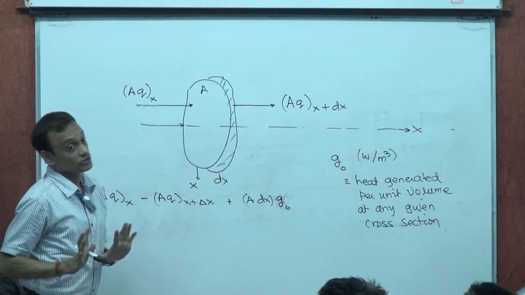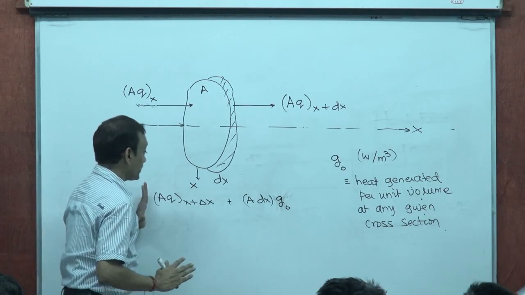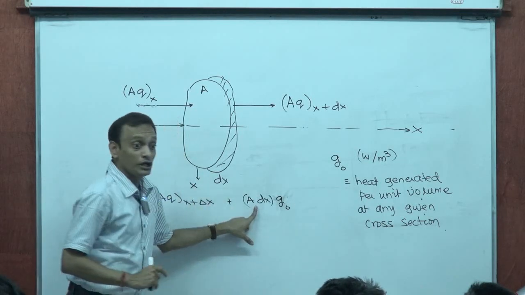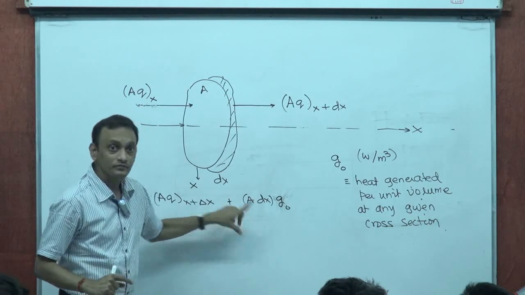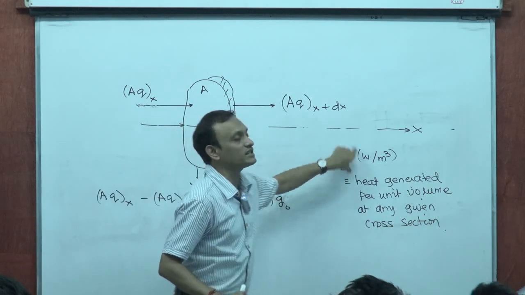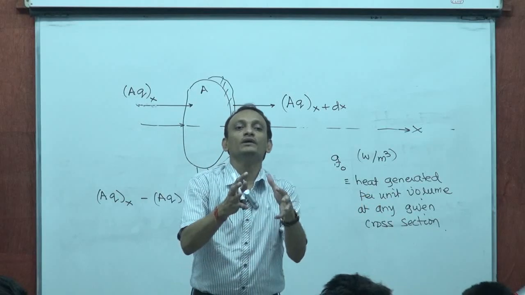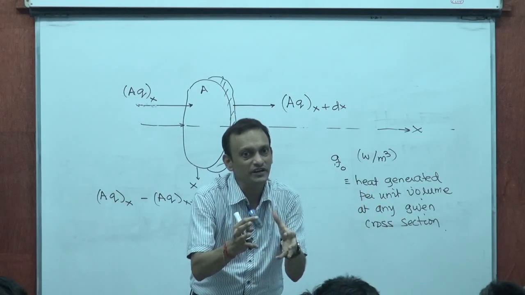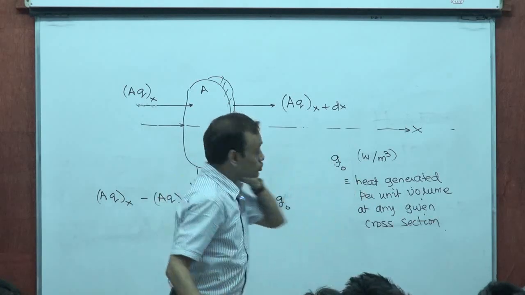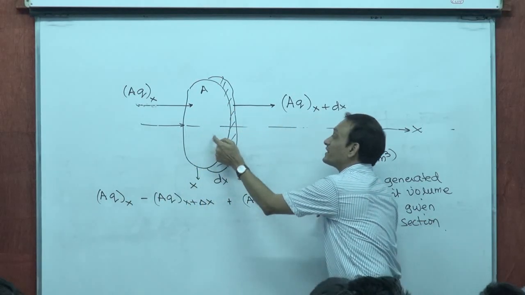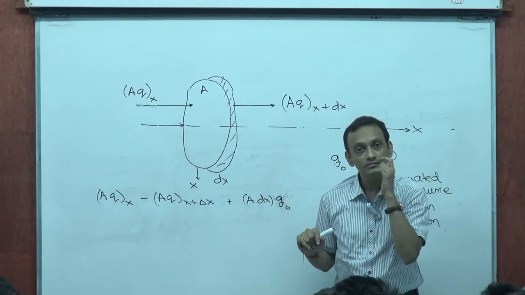Now, this is it. Heat coming in, heat leaving. See, this G naught, let's say in certain materials, this could be the watts or the heat generated per unit time, per unit volume of the material. Right? So then, what's the volume of this? A into dx is the volume of this.